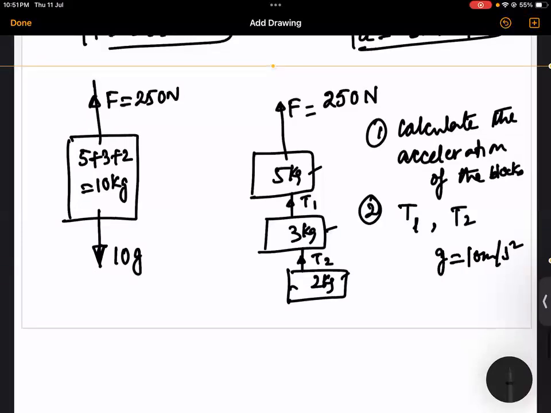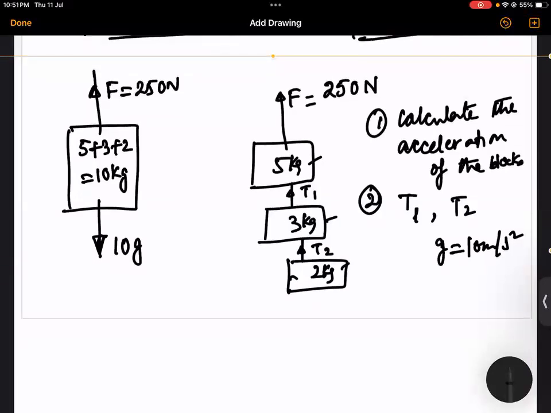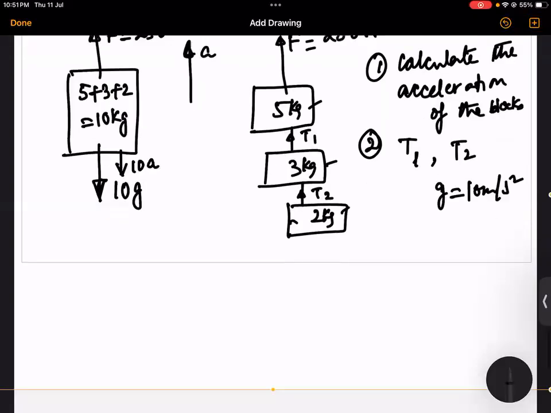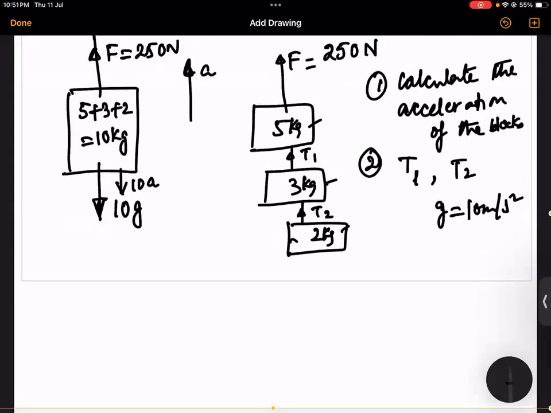The force is equal to 250 Newton. Okay. So over here, what you are getting? Which direction will be the acceleration? This will be the acceleration A, so MA will be in this direction, that will be equal to 10A, right? So in that case, F is equal to 10A plus 10G. F is equal to 250 Newton. This is equal to 10A plus 100.